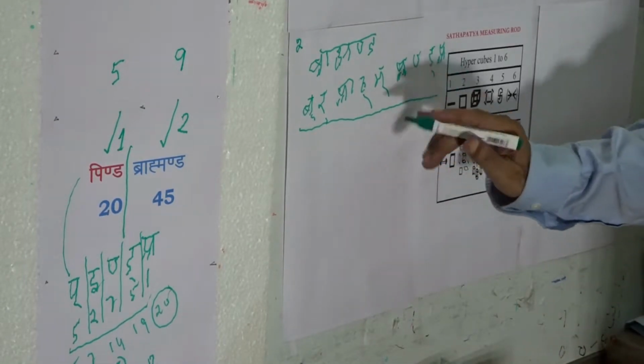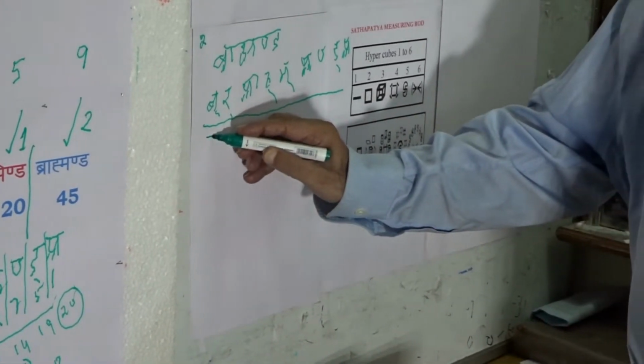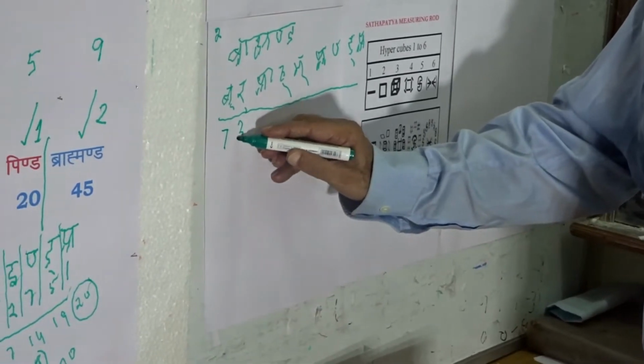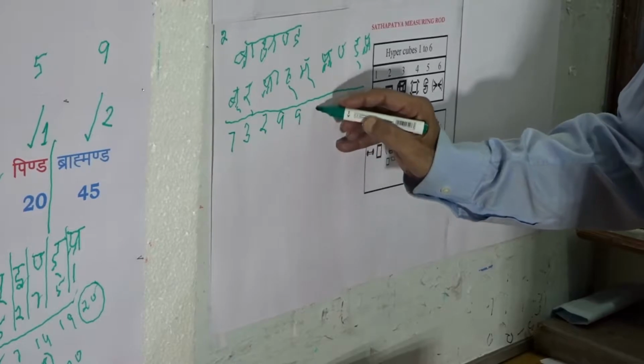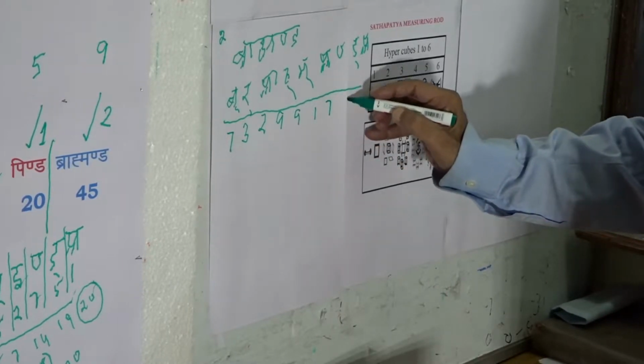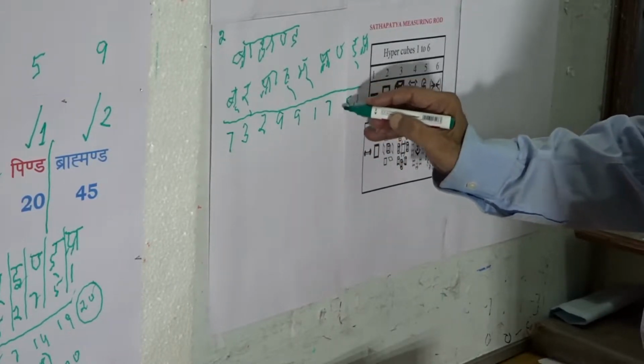These 9 letters are accepting TC values 7, 3, 2, 9, 9, 1, 7, 5 and 1.